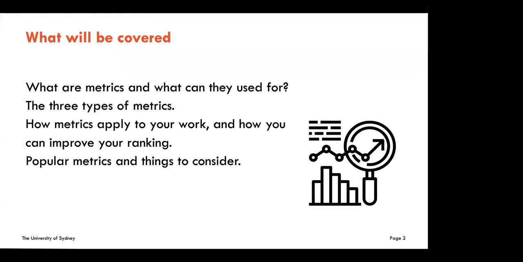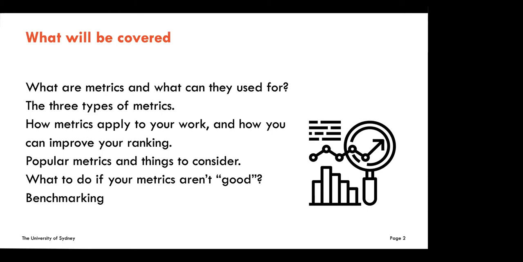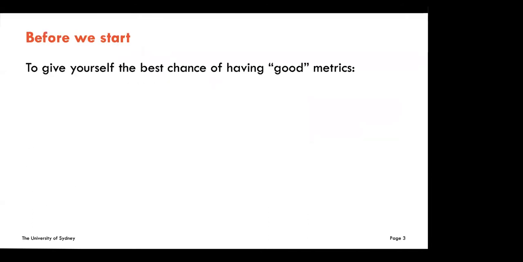We'll look at some of the popular metrics and some things to consider when using those metrics in grant applications, in job applications, or however you choose to use your metrics, and some things you can do if they aren't as good as you'd like them to be. And right at the end, we'll look at some of the benchmarking we can do for you within the library.